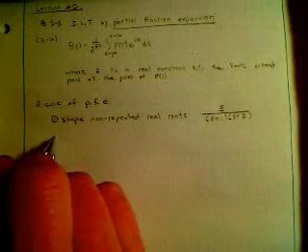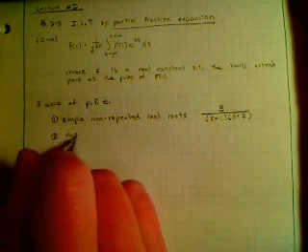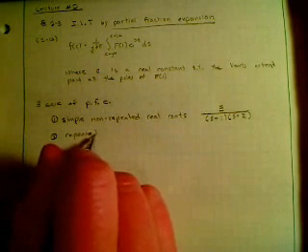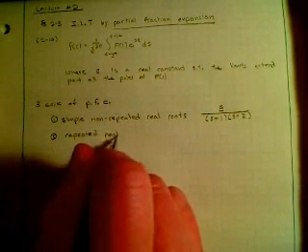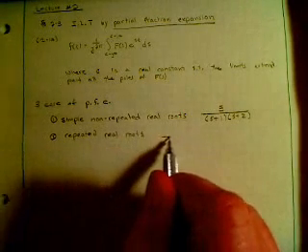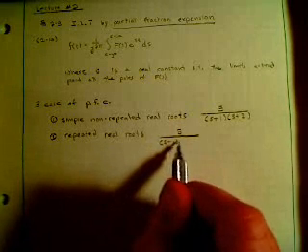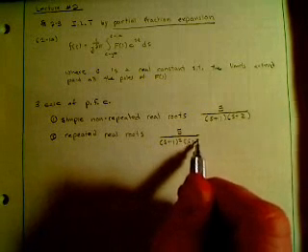The second case we're going to look at is repeated real roots. So this might be a case where I've got 5 over (s plus 1) quantity squared times (s plus 2).